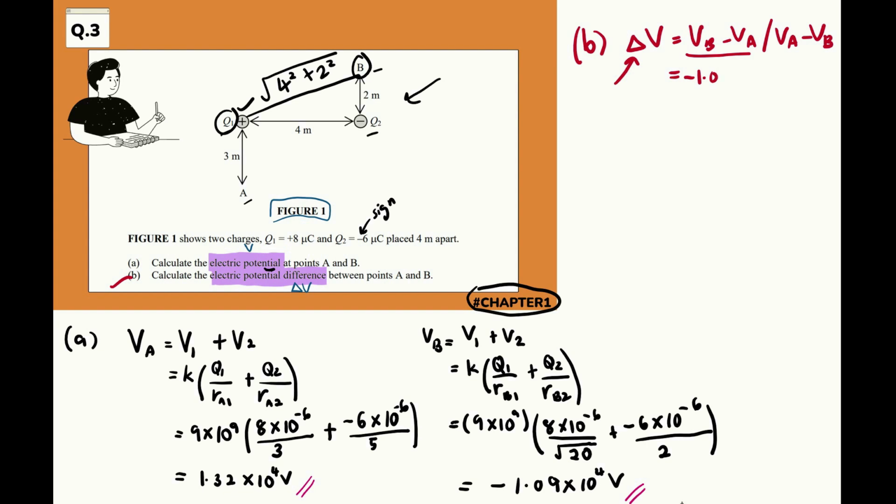Negative 1.09 times 10 to 4, minus 1.32 times 10 to 4, then you're supposed to get negative 2.41 times 10 to 4 volts. Or your answer could be positive 2.41 times 10 to 4 volts.